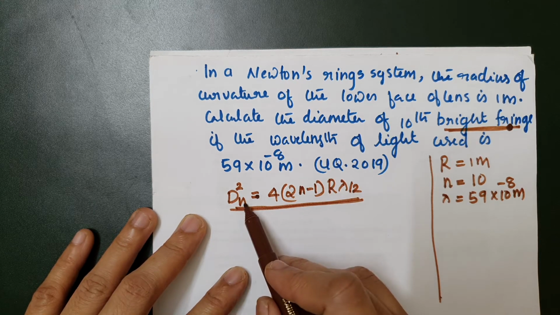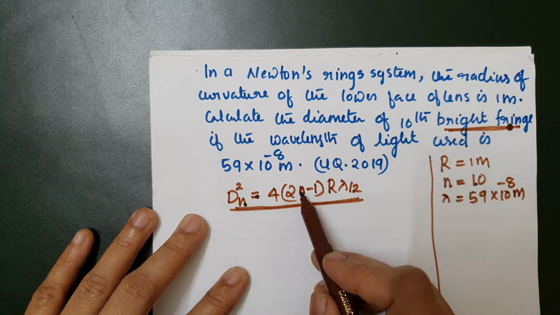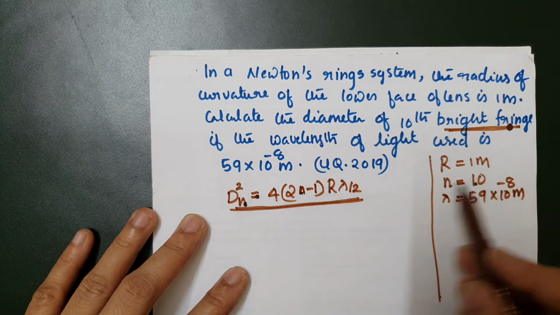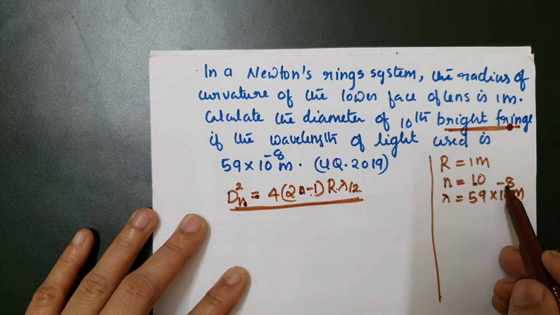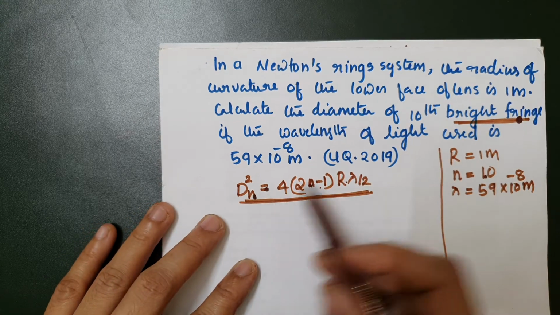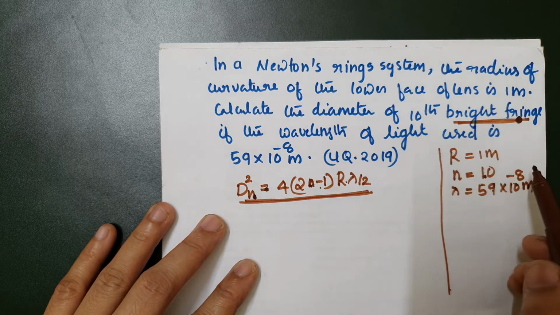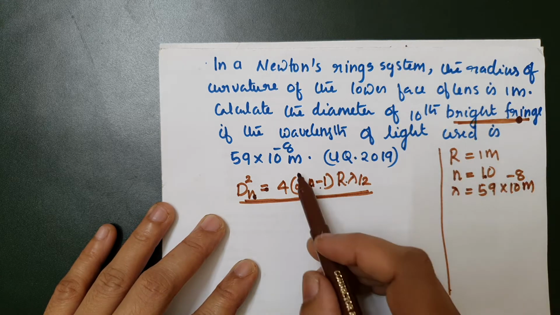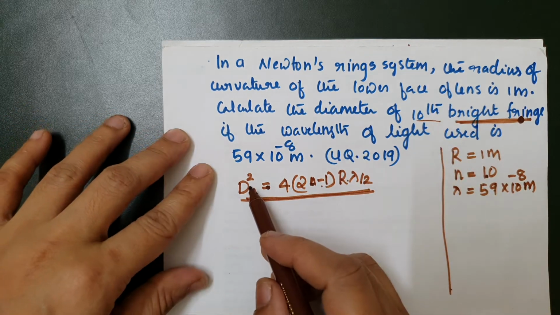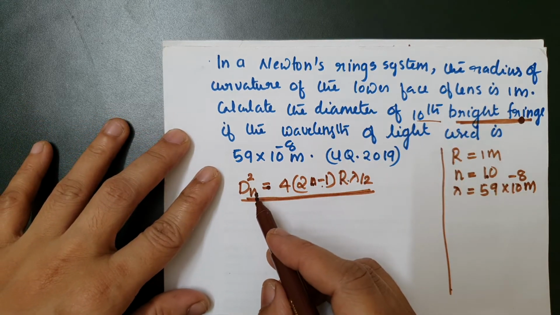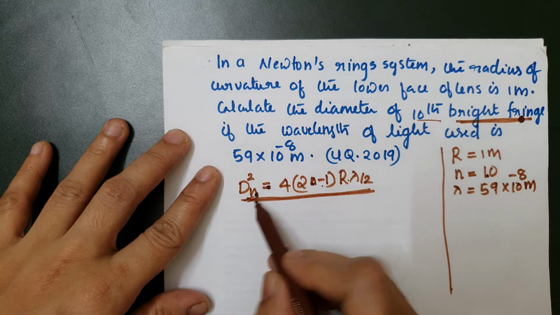Here n is 10, r is 1 and lambda is 59 into 10 to the minus 8. So we can find out the diameter of the 10th bright ring, d n.